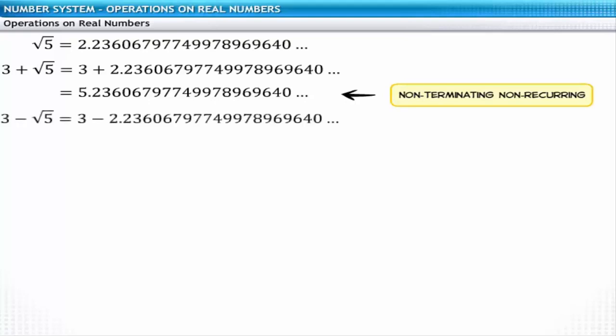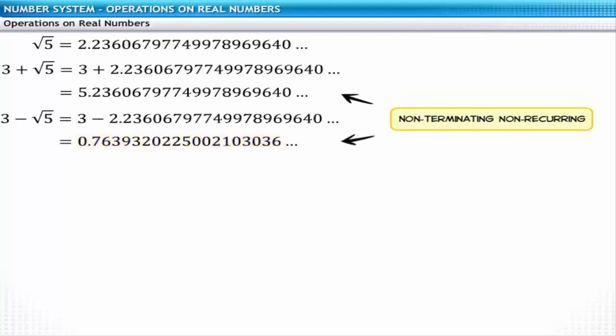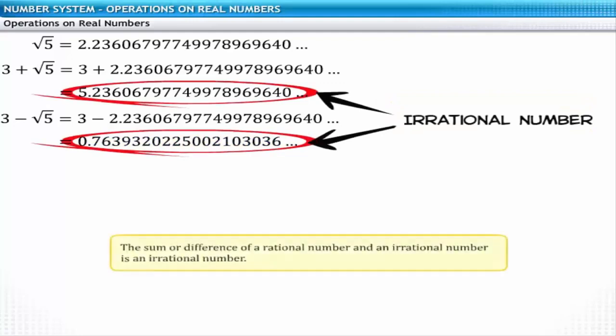Similarly, on subtracting an irrational number from a rational number, we get an irrational number. Thus, we conclude that the sum or difference of a rational number and an irrational number is an irrational number.